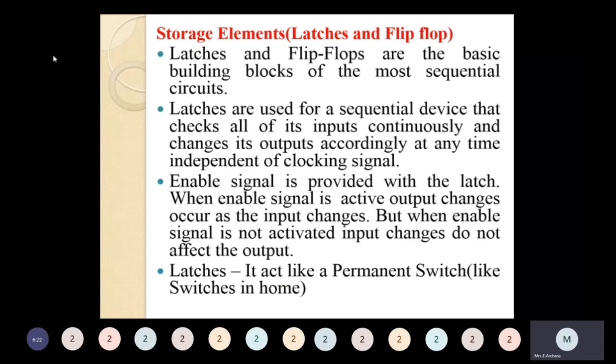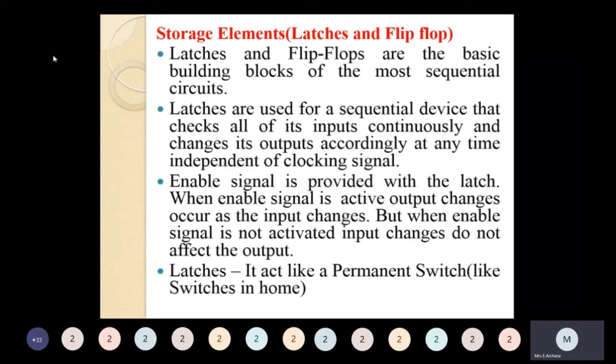When the enable signal is active, then only our circuit will be in an active position, that is, in the on position. When there is no enable signal, it does not affect the output. If we have a circuit consisting of an input, output and enable signal, only when the enable signal is active is the input processed to produce the output.